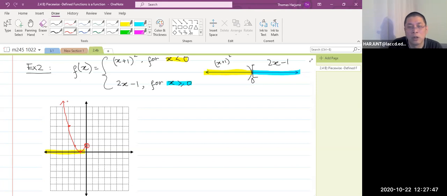Now at 0, including 0 and to the right, you will use 2x minus 1. That is a line with y-intercept (0, -1) and slope 2. Then the whole graph will look like this.